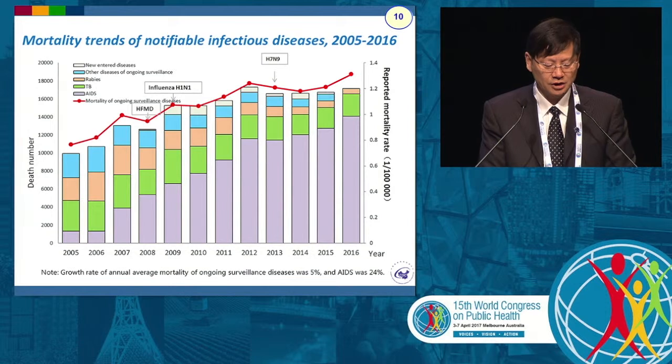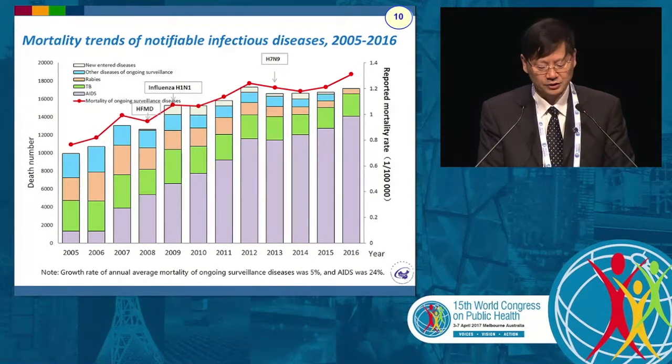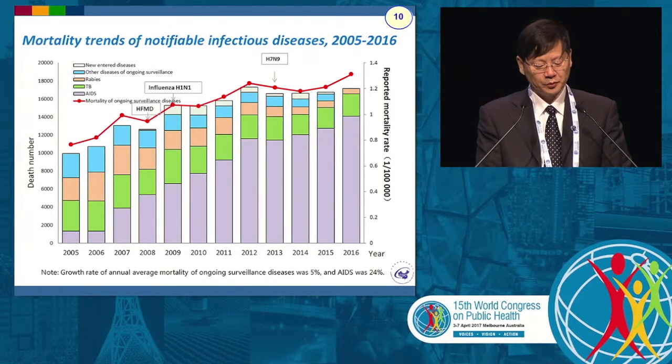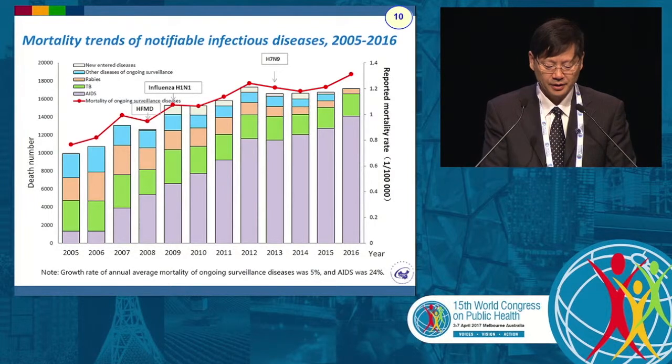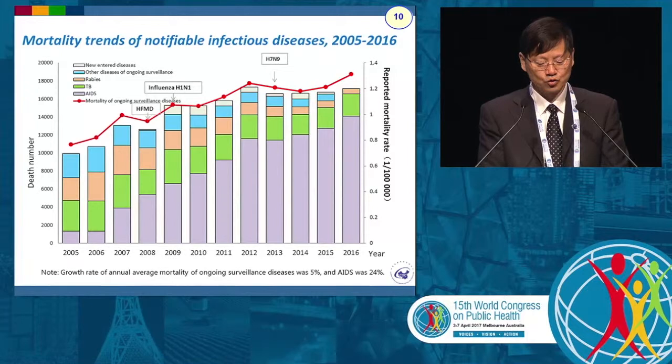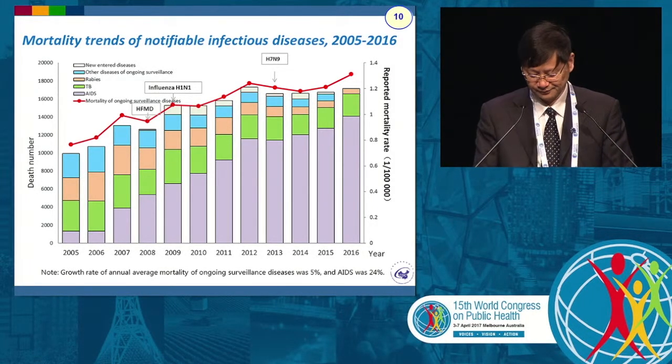Deaths from AIDS account for about 2/3 of all diseases, with a growth rate of about 24%. The number of deaths attributed to TB and rabies was constantly reduced.